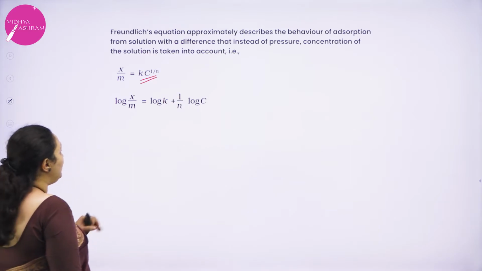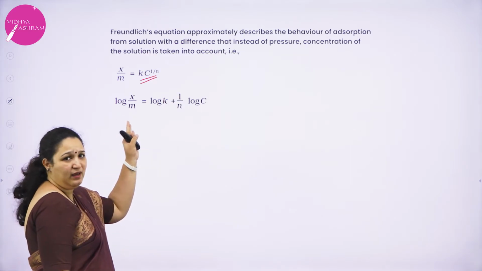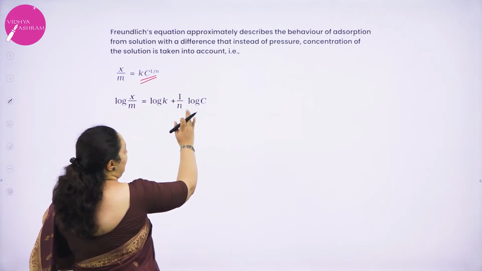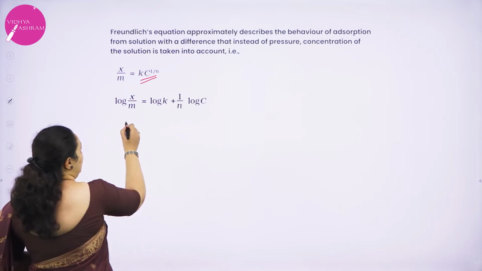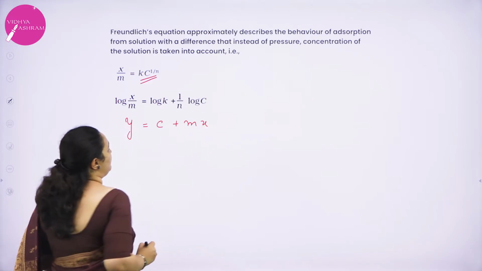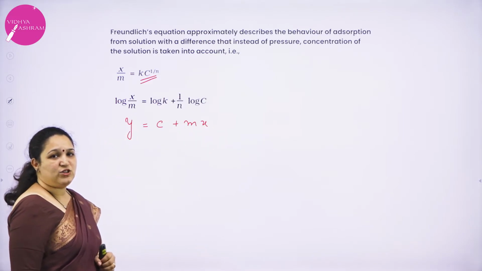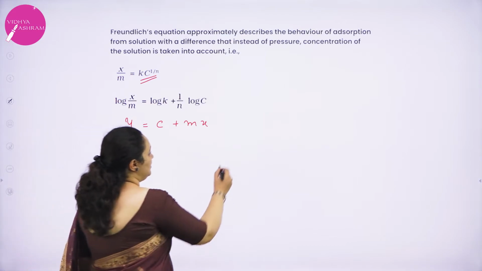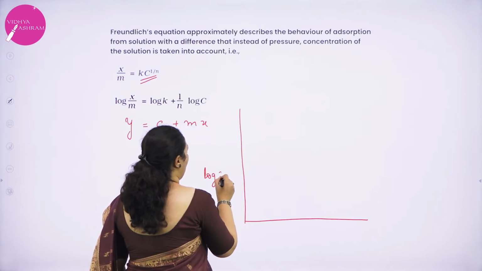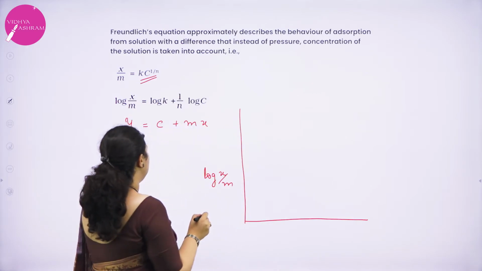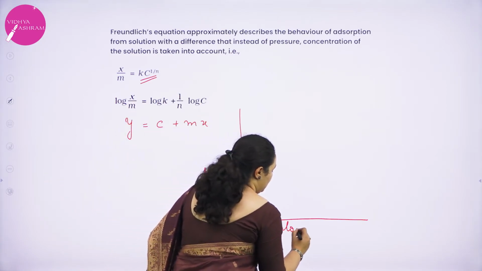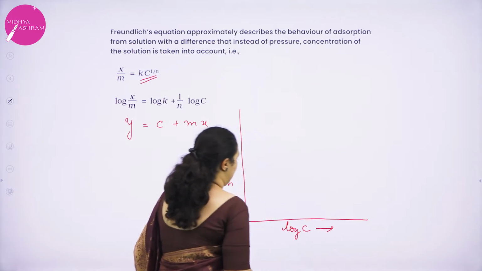Now what happens when I apply log to this? I'll get log x/m = log K + (1/n) log C. Now for this again, if you see, it is just like an equation for a straight line. If I draw the graph for this, how do I draw it? I am taking log x/m on my y axis and log C on the x axis.